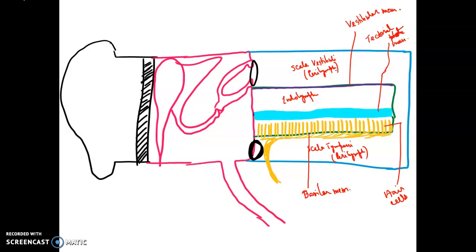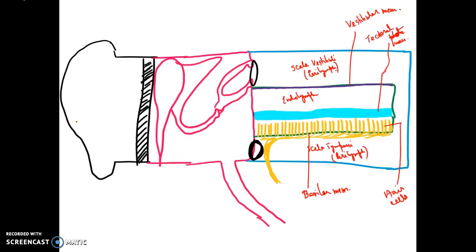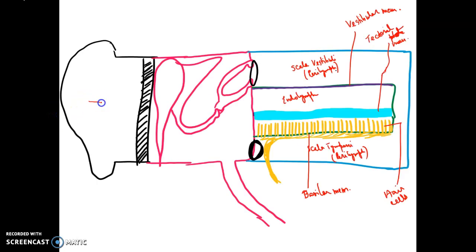Now, how do we hear things? Let's talk about that. First, sound waves enter the ear via the external ear. The sound waves then hit the tympanic membrane. As the sound waves hit the tympanic membrane, it starts vibrating.